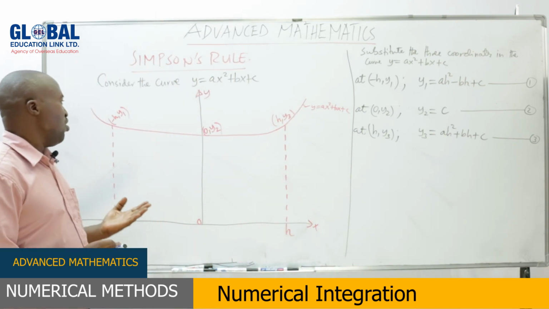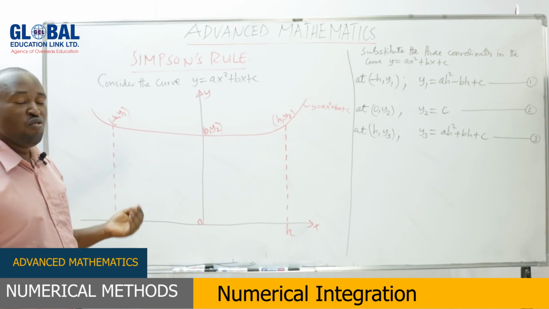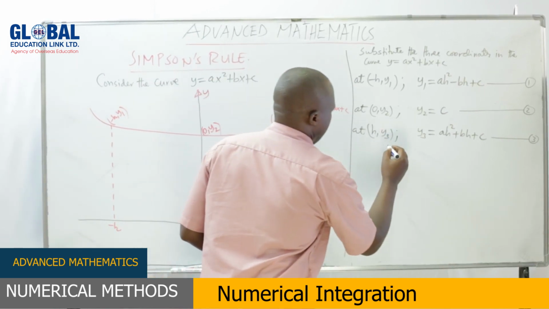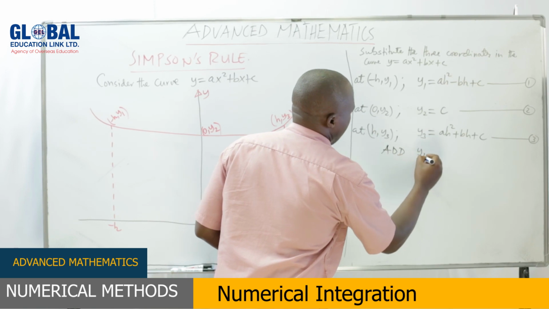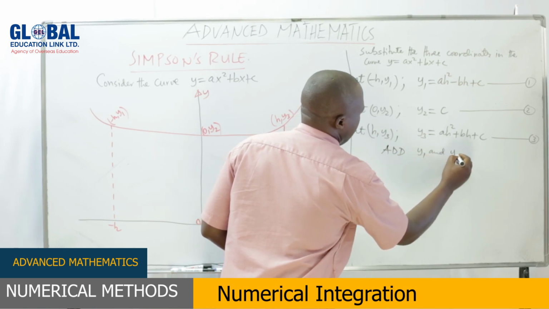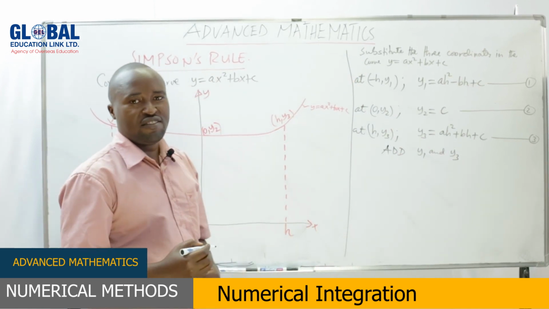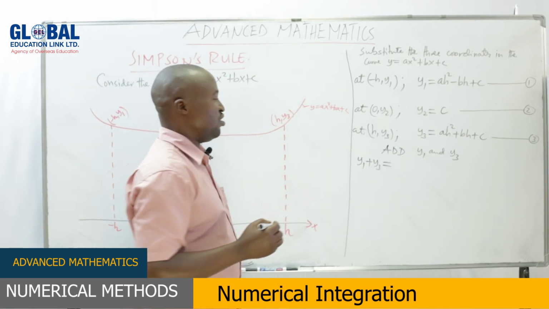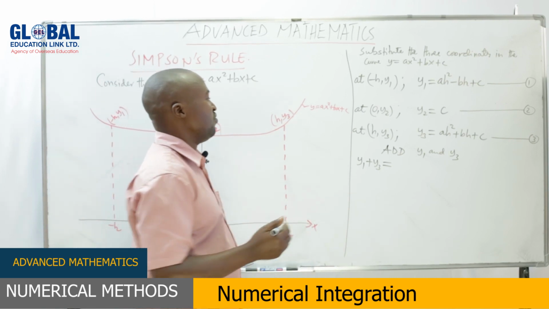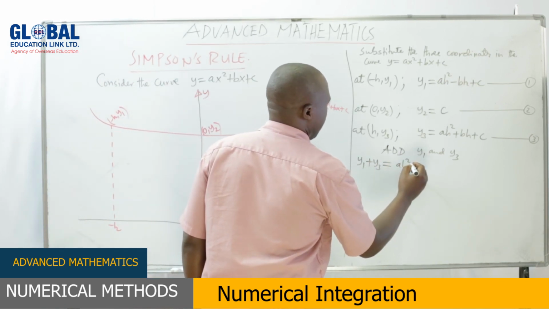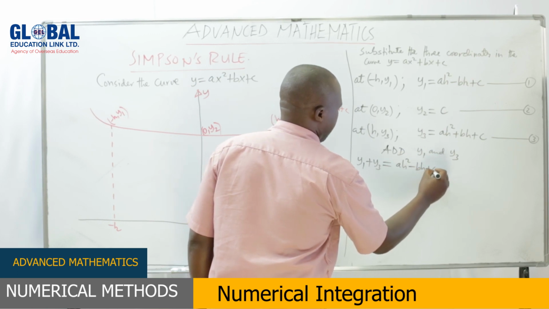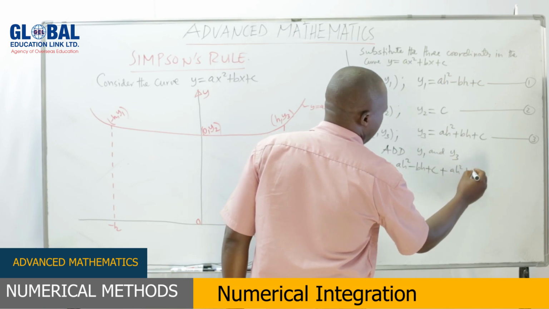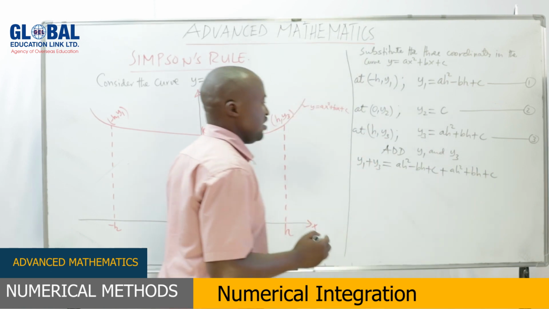Now suppose we add y1 and y3. In this case, we are going to have y1 plus y3 is equal to, now the expression for y1 is ah squared minus bh plus c, then plus ah squared plus bh, then plus c.